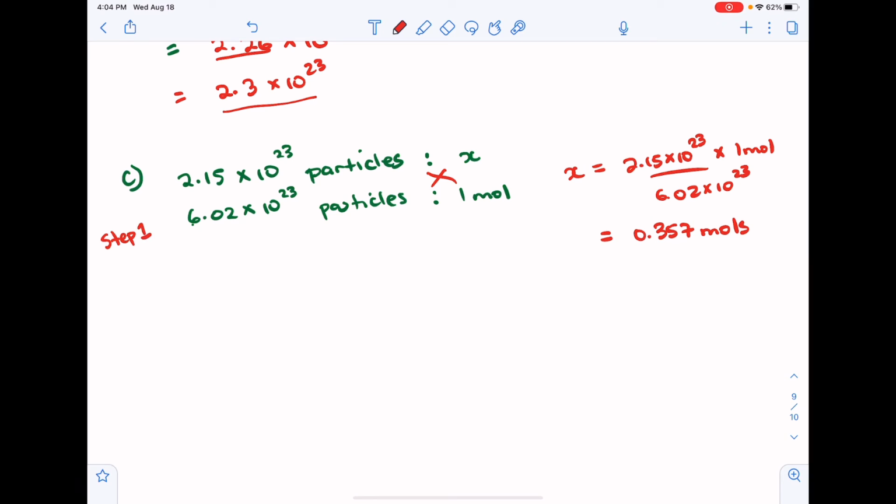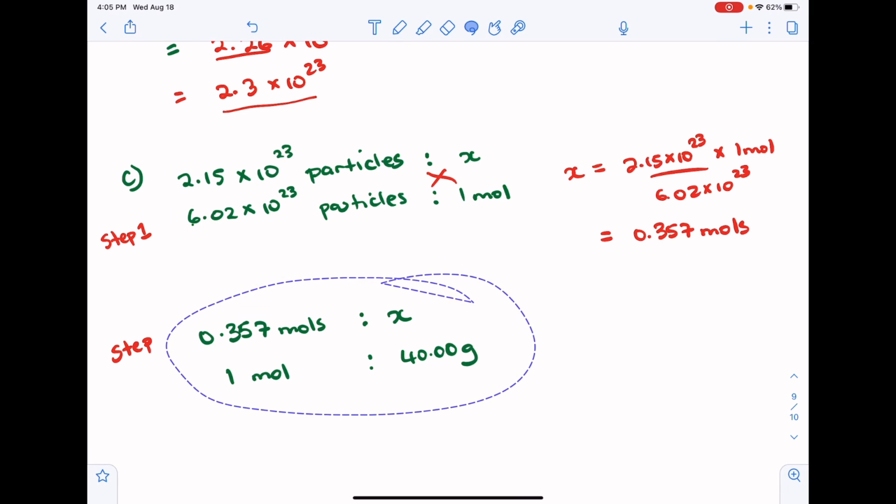In the second step, we are going to convert moles to grams. We are given 0.357 moles, and our job is to find the mass. Something else that we know is that 1 mole equals 40.00 grams.